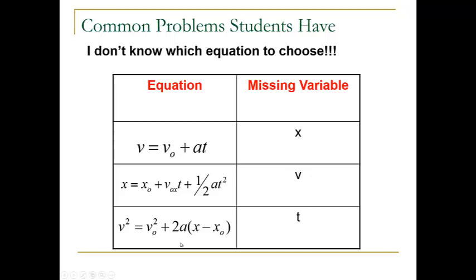If you're using the third equation, you're not worried about time. So each one is missing something. However, all of them need an acceleration. So if you don't have an acceleration, find that first, or that's probably what you're solving for. And then all of them have an initial velocity in them. So those are like two important things that you normally need to have.